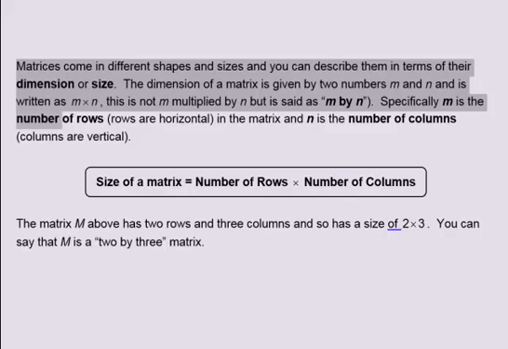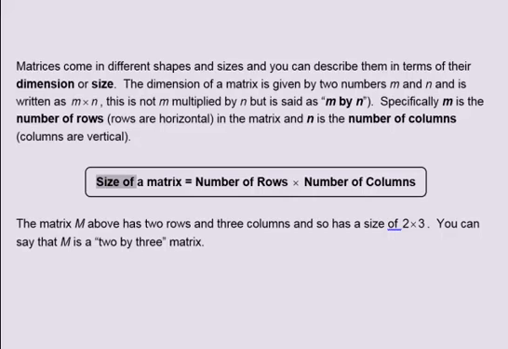Specifically, m is the number of rows (horizontal) in the matrix, and n is the number of columns (vertical). The size of a matrix equals the number of rows by the number of columns. The matrix M above has 2 rows and 3 columns, and so has a size of 2 by 3. You can say that M is a 2 by 3 matrix.